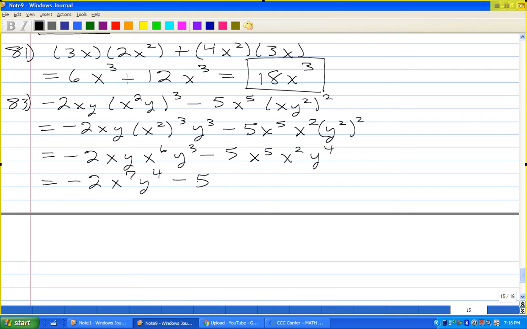I have the same base, I'm multiplying, so add exponents. 5 plus 2 is 7. Y to the fourth. Negative 2x to the 7 y to the fourth minus 5x to the 7 y to the fourth is negative 7 x to the 7 y to the 4.